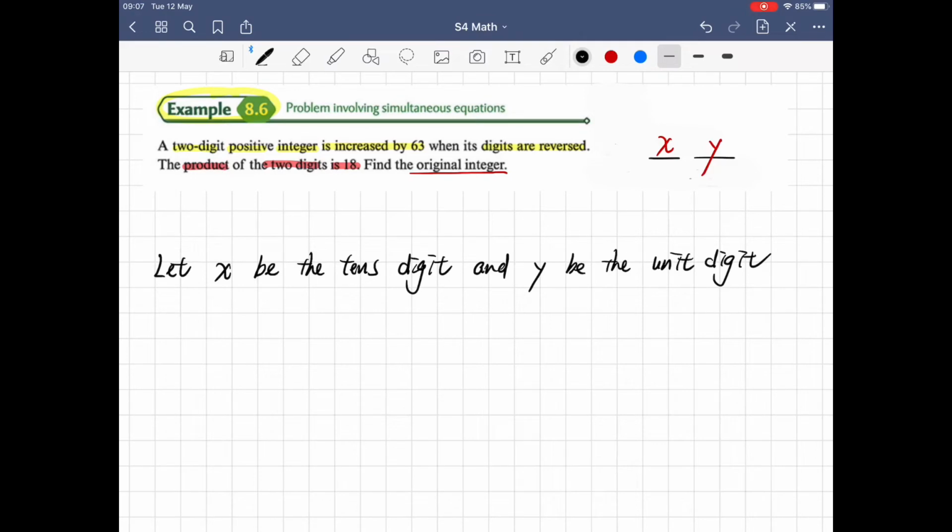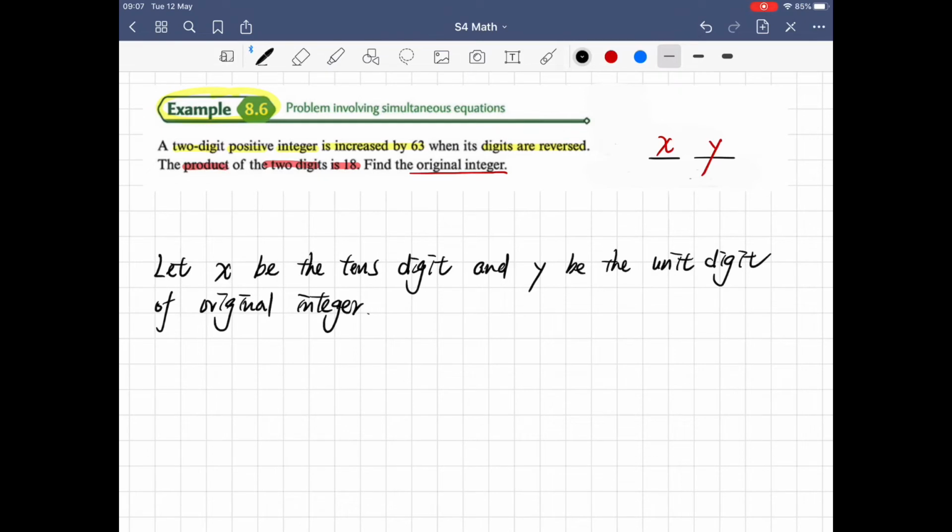As these two digits represent the original number, I will also write down the original integer.